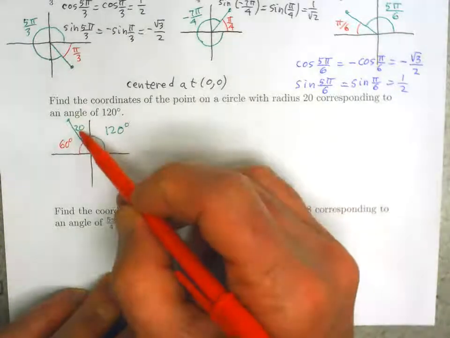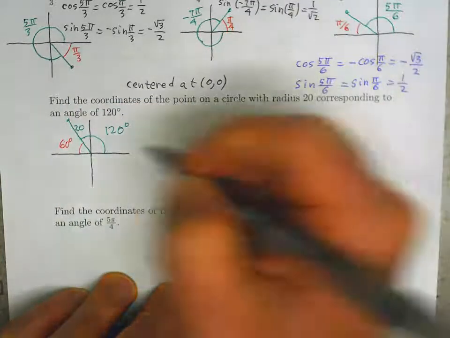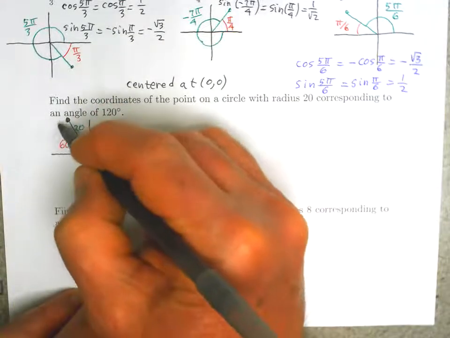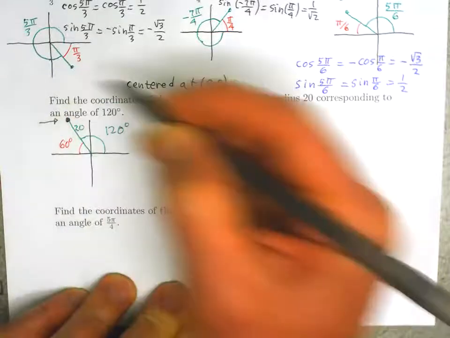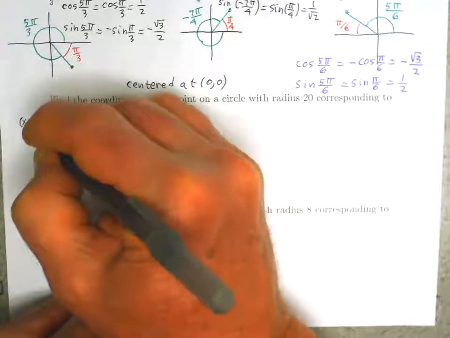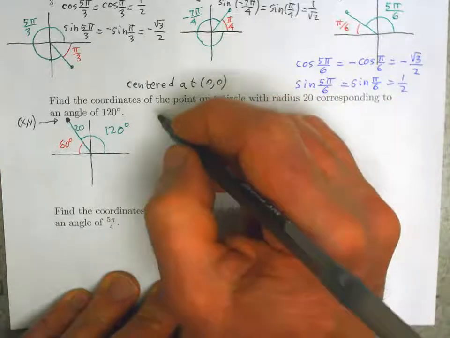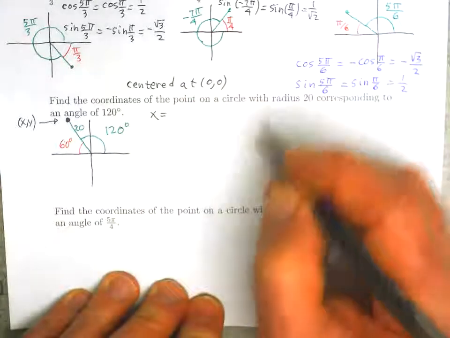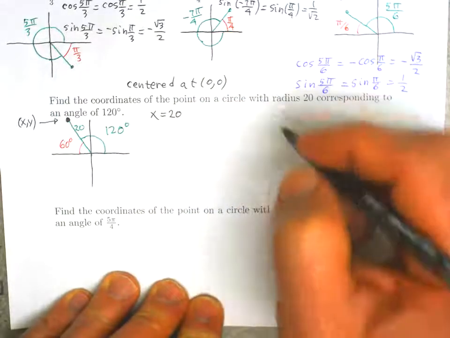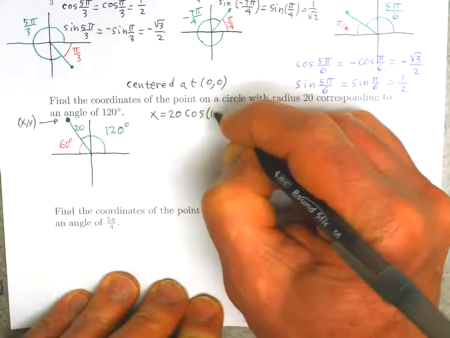Okay, and since the radius of the circle is 20, what we're trying to do is find the x and y coordinates of this point that's on the circle with radius 20 centered at 0, 0. And it's not going to be too hard. The x coordinate is just going to be 20 times cosine of 120.